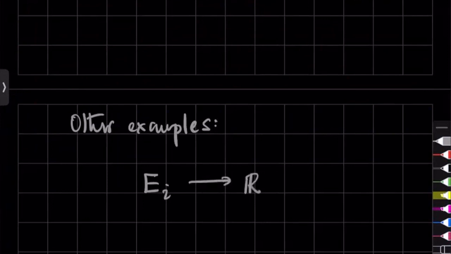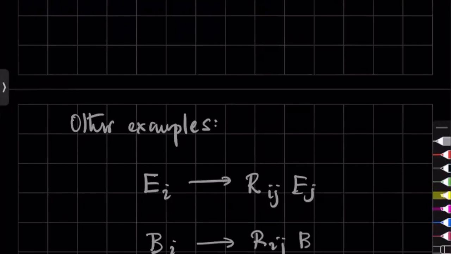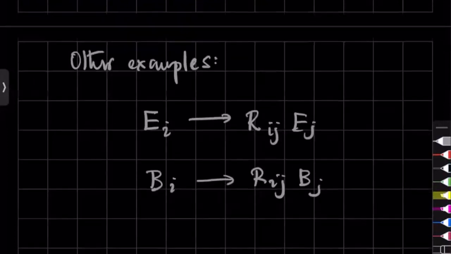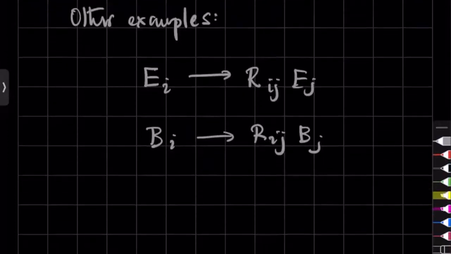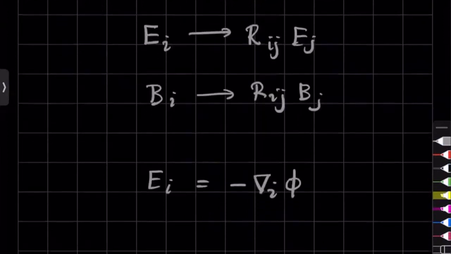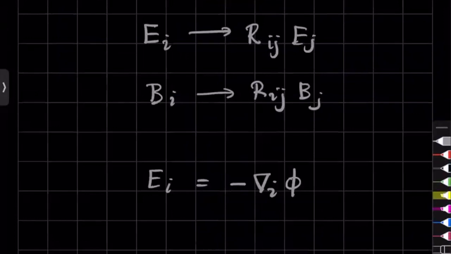So under SO(3) rotation, sorry, I should write it just as R, not R_ij E_j. And B is also an SO(3) vector. Okay, but the scalar phi, which is defined such that the minus of the gradient of the scalar is the electric field.